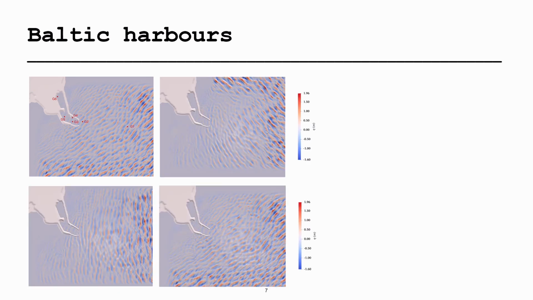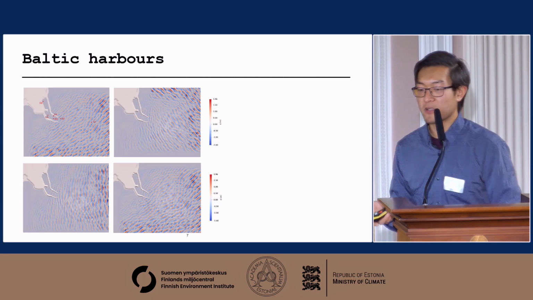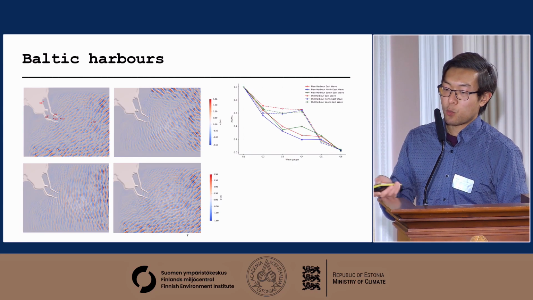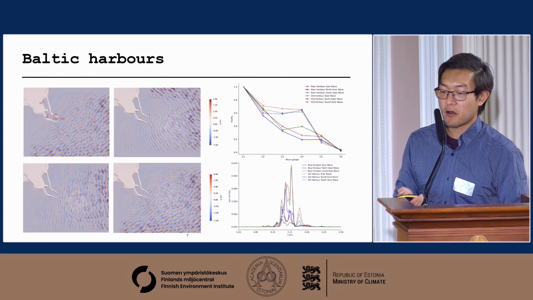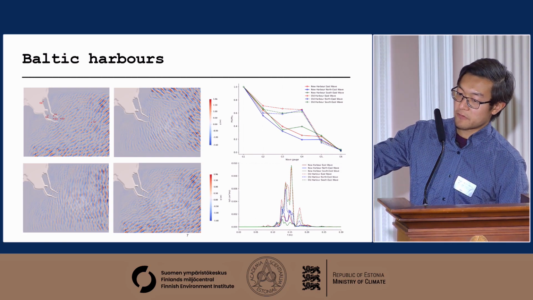And with the flexibility of the numerical wave model, we can look at the wave propagations from different directions to investigate what could possibly be the most dangerous scenarios for the harbor, for example. And then we can also compare the new harbor layout to the right-hand side of the images.